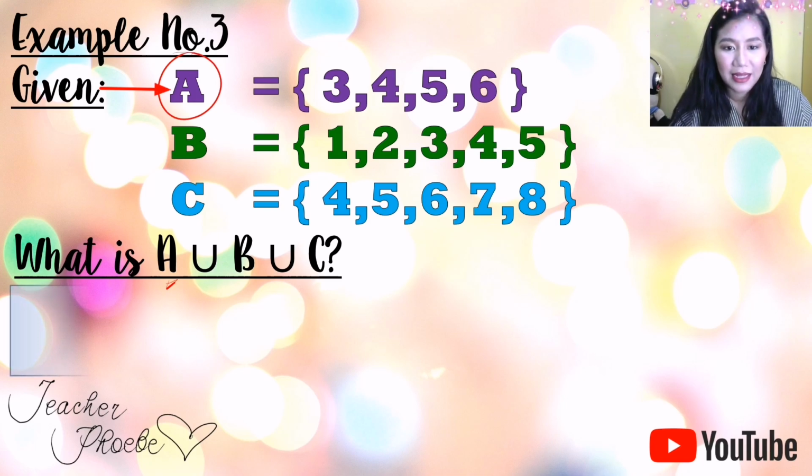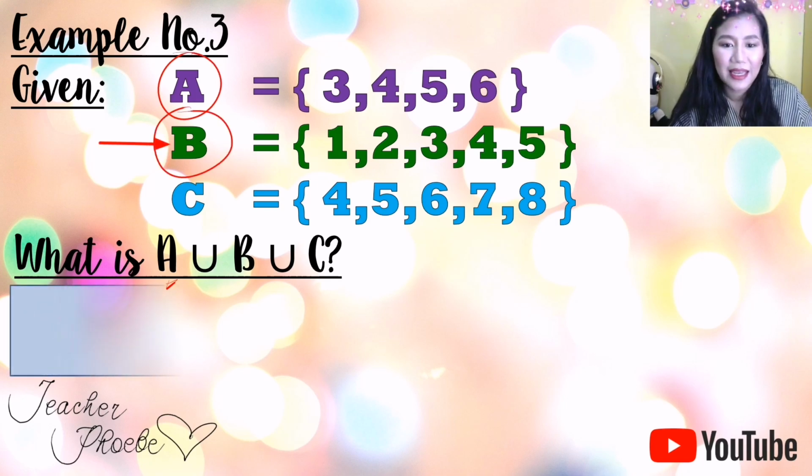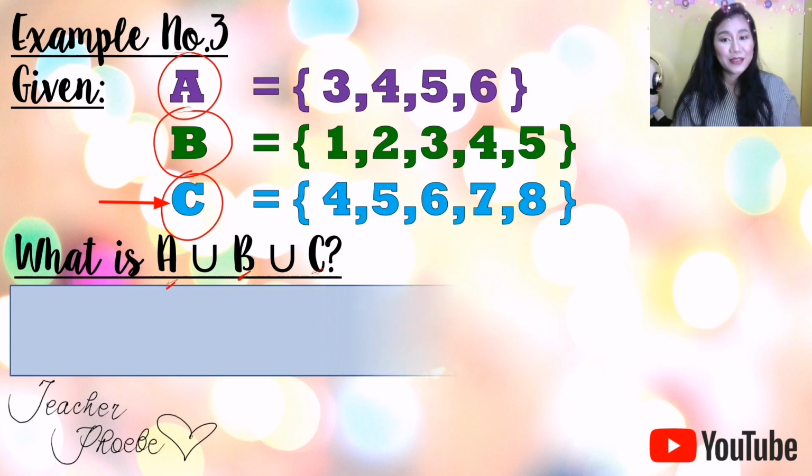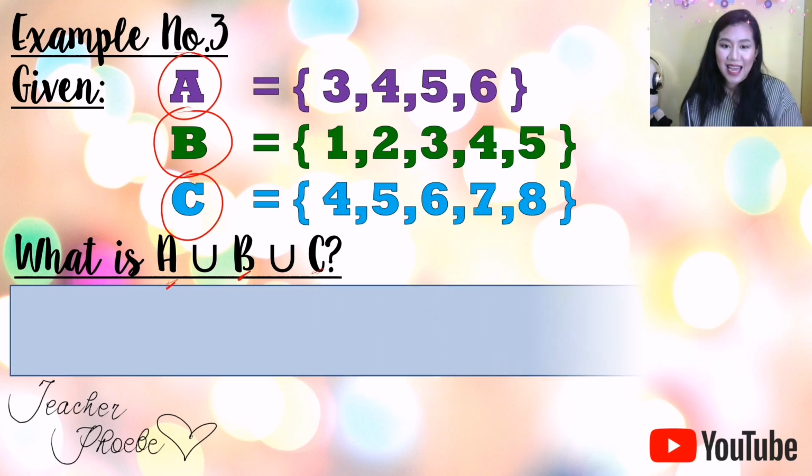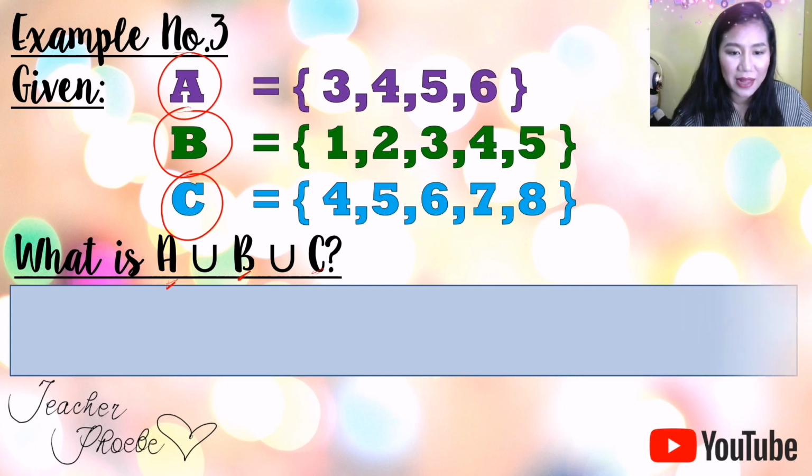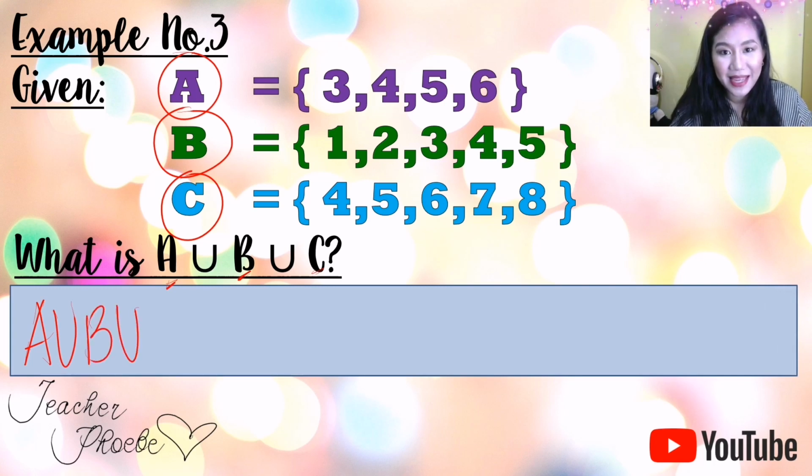And then, titignan natin yung elements ni B. And then, titingnan naman din natin yung elements ni C, okay? So, you have to write it down starting from set A up to set C, okay? So, list down all the elements. Getting the union of A, B, and C is listing down all the elements of the 3 sets.